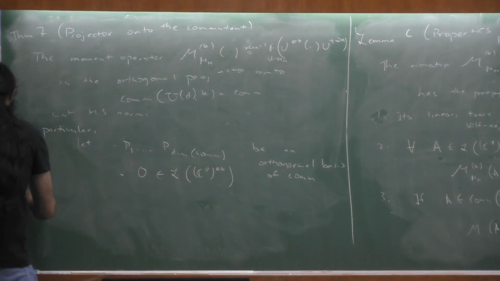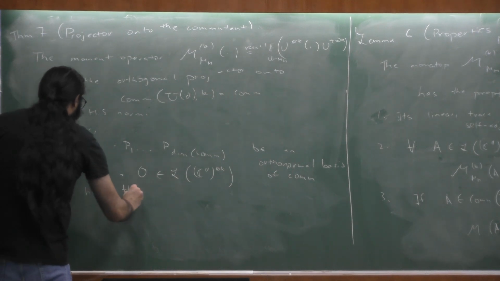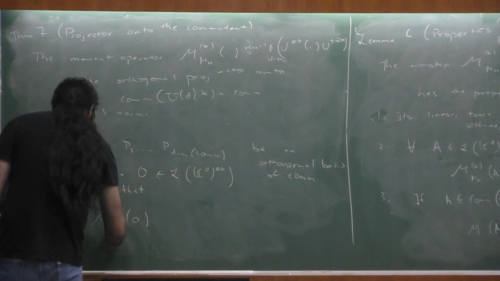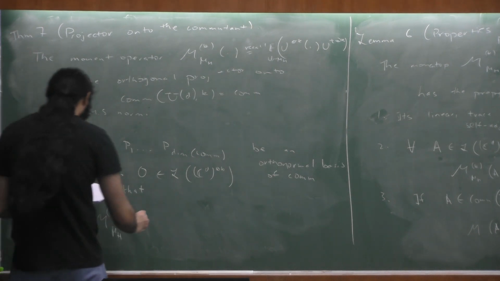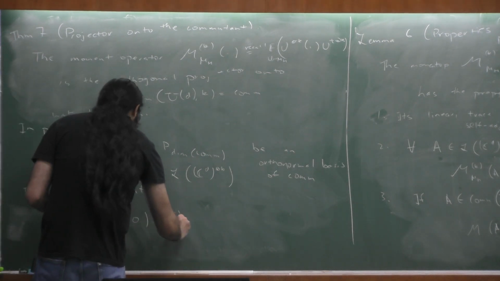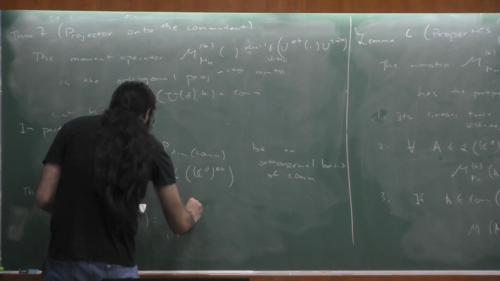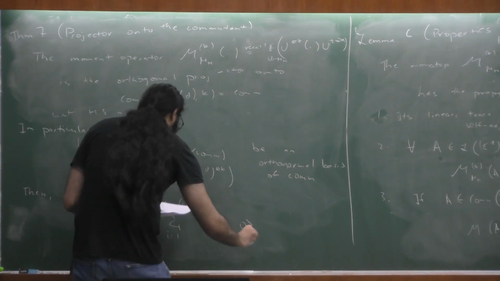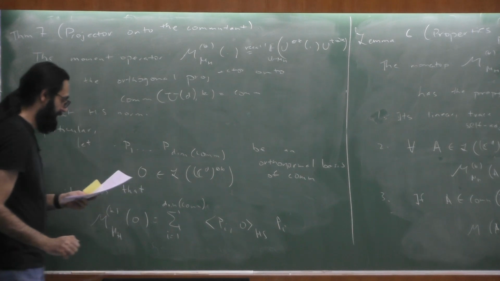Then it holds that any operator O, when acted upon by the moment operator, would be expressible in the following form. It's the sum over i up to dimension of com of P_i times the Hilbert-Schmidt inner product of P_i with O. Okay, so that's the statement.